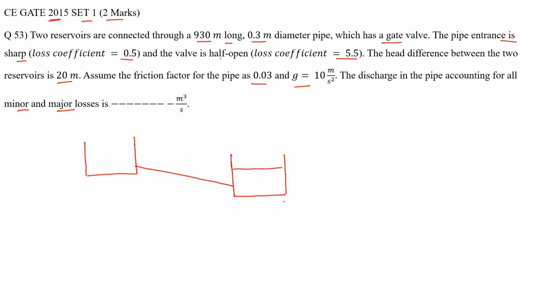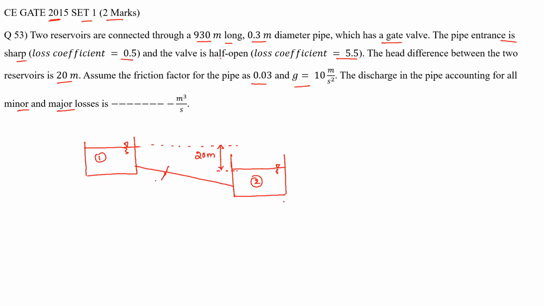Okay, let's say in this reservoir we have this much water level, and in this reservoir we have water level at this location. If I look at the difference in height of water level at these two locations, it is given as 20 meters. Okay, let's say this is the first reservoir and this is the second reservoir.